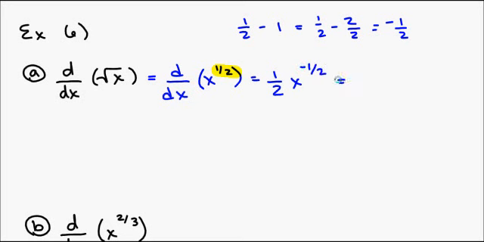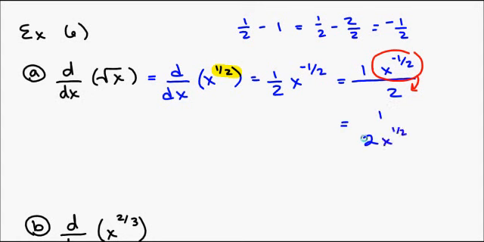And now I'm going to rewrite this so I don't have the negative exponent. So really on top right now I have 1 times x to the negative 1/2 over 2. But I know that when I have a negative exponent, I can drop it down to the denominator. So I have 1 over 2x to the 1/2.